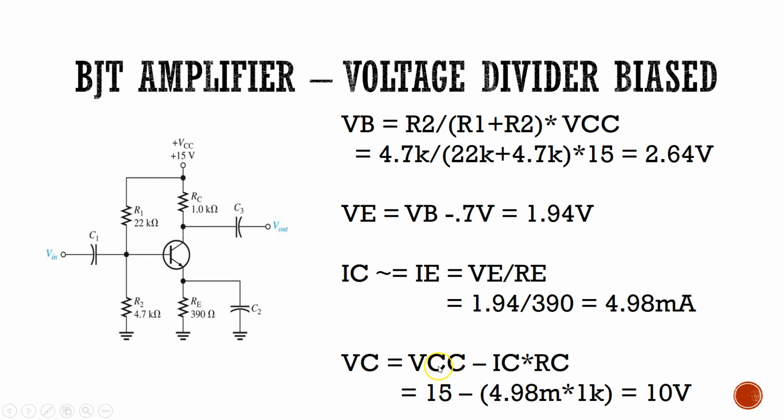So we take VCC minus IC times RC, and that gives us what's left from the collector to ground. In this case, it's about 10 volts.